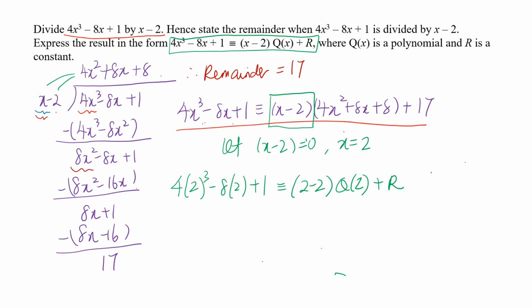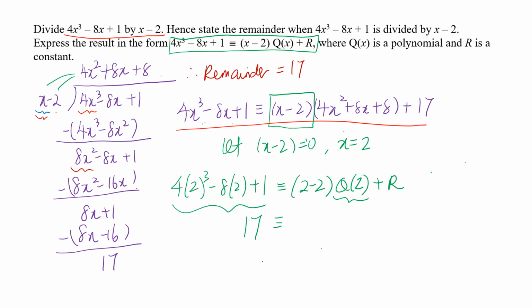If you work this out using your calculator, you would get 4 times 8 minus 16 plus 1, which gives you 17. And 2 minus 2 gives you 0.